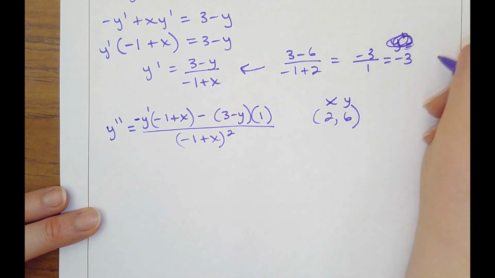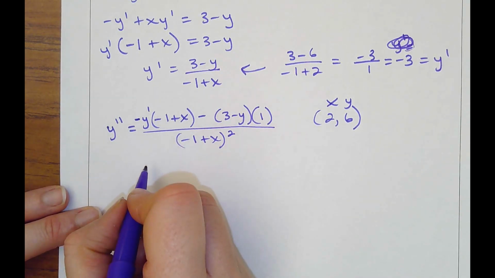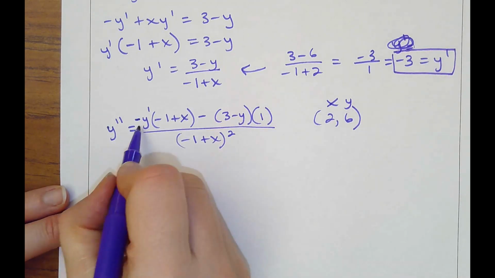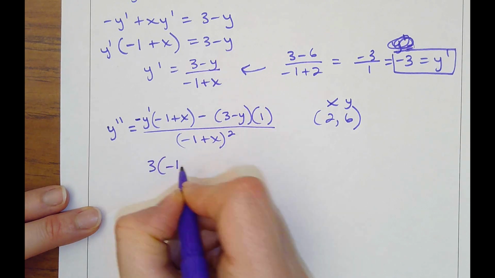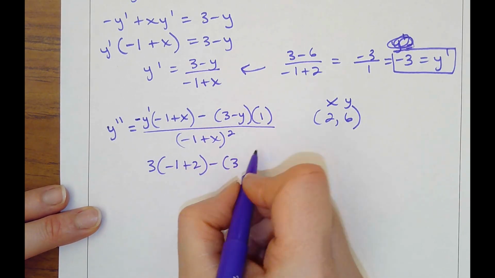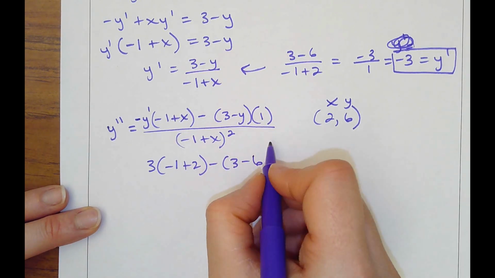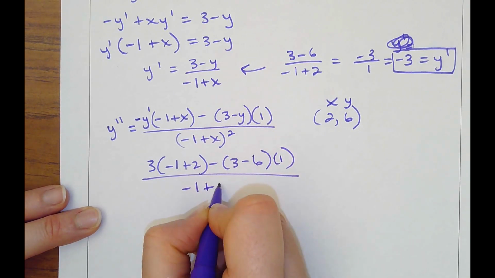I don't like how that looks, so now I'm just going to simply substitute. So I have a negative of y prime. That would be a negative of negative 3, which is 3, times negative 1 plus 2, minus 3 minus 6 times 1, all over negative 1 plus 2, quantity squared.